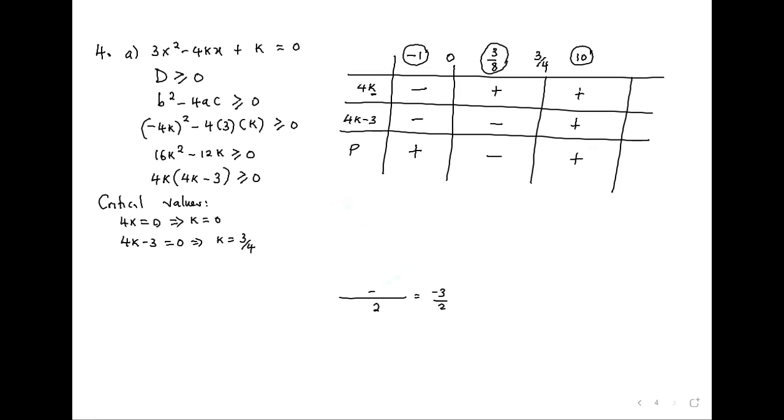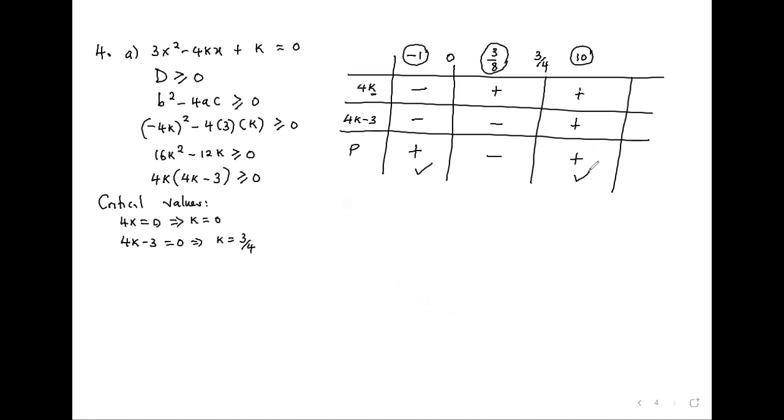So what does this give us? The interval that we're interested in is the one that is greater or equal to 0. So we'll go for the positive intervals. They're the ones that are bigger than 0. Anything less than 0 is negative.